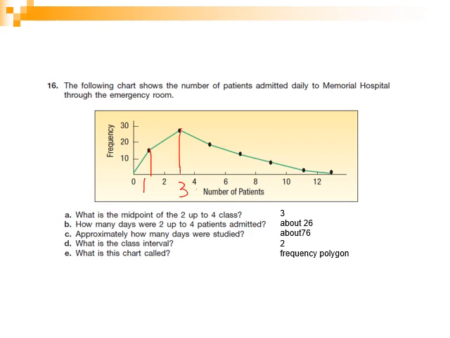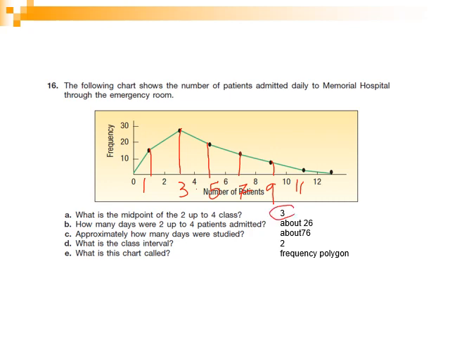For the class from 4 up to 6, the midpoint equals 5. For the class from 6 up to 8, the midpoint equals 7. For the class from 8 up to 10, the midpoint equals 9. And finally, the midpoint for the final class is equal to 11. So the midpoint for the class from 2 up to 4 is equal to 3.